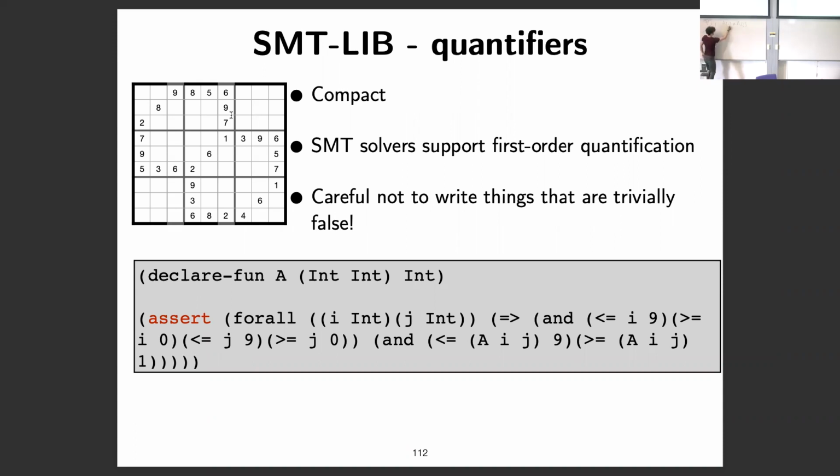So if this is an integer, then your array is infinite. What I would probably do is for all i, j, i not equal to j implies that.